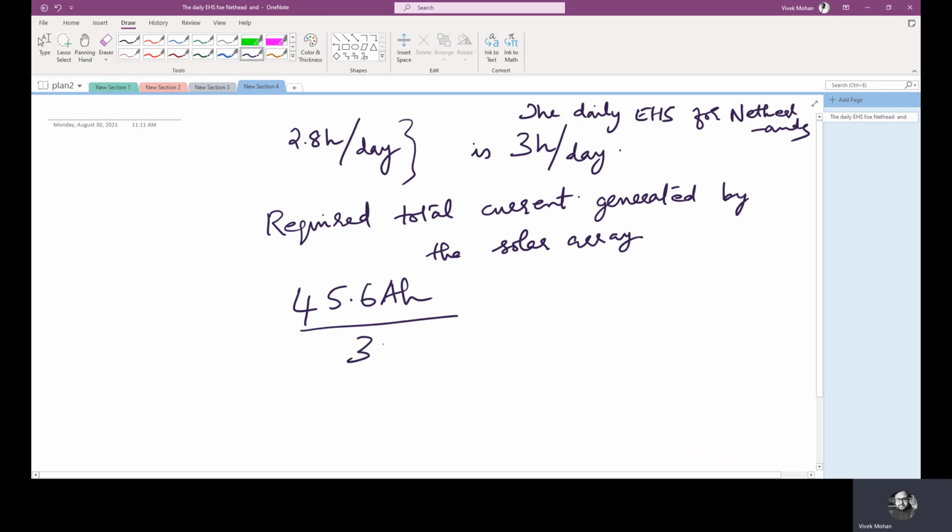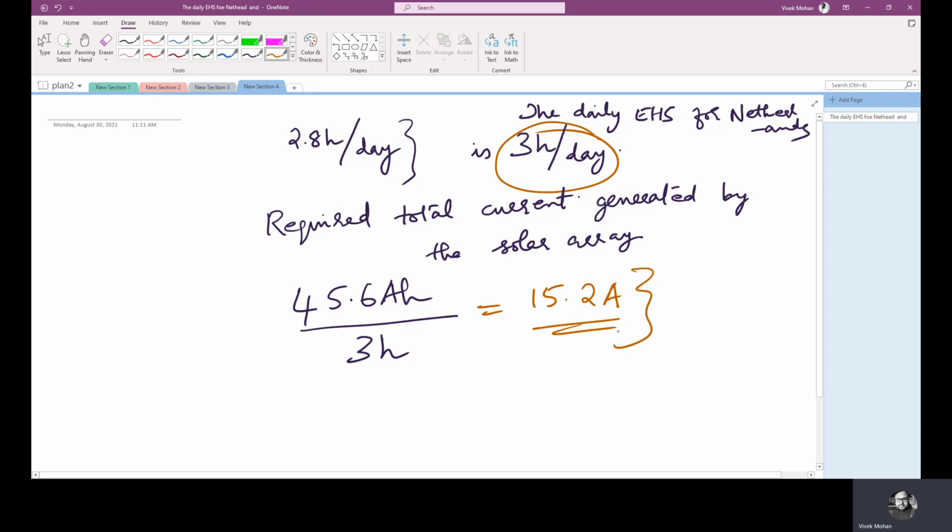So divided by 3 hours, the equivalent daily EHS, it will give you 15.2 amps. Okay, so the current requirement is now known. It is found. Now the required total current generated by the solar array is 15.2 amps.